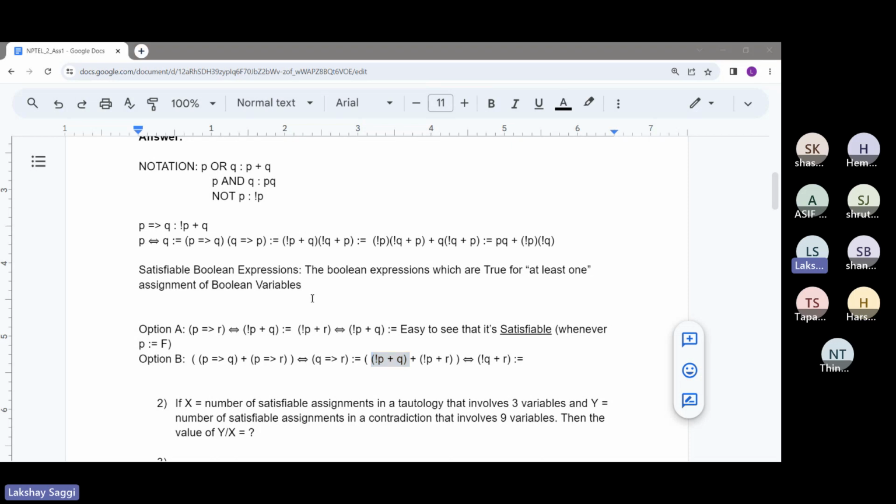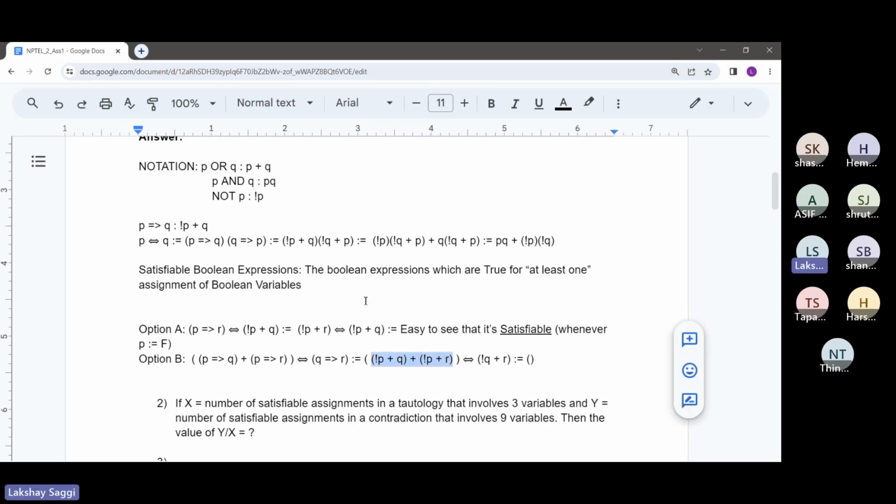What this means is that the order of evaluation is not important. Not P plus Q is in parentheses, but we don't actually need these parentheses. So these parentheses can be removed, and the ordering of the P, R, and Qs can be changed among each other. I hope you guys already know this since it must have been covered in the lectures. So this can be reduced by removing these parentheses.